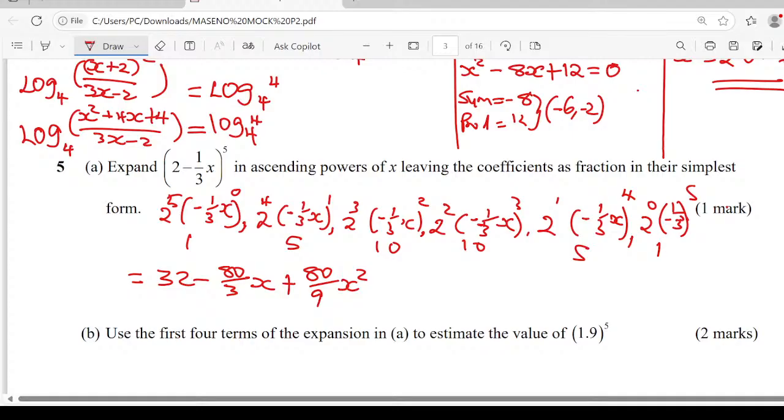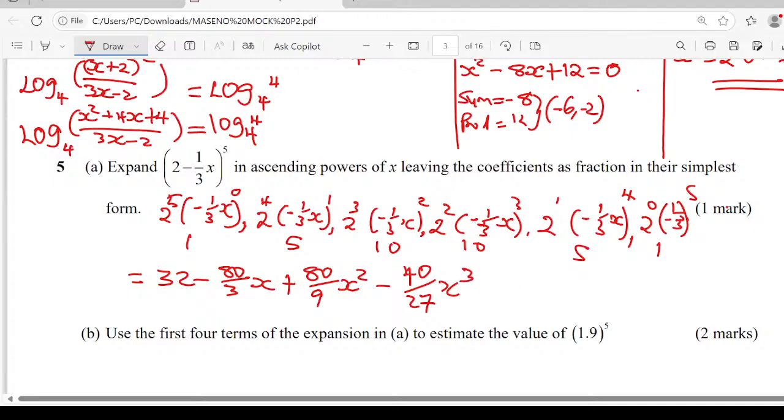So that is going to be negative 40 over 27 x cubed.